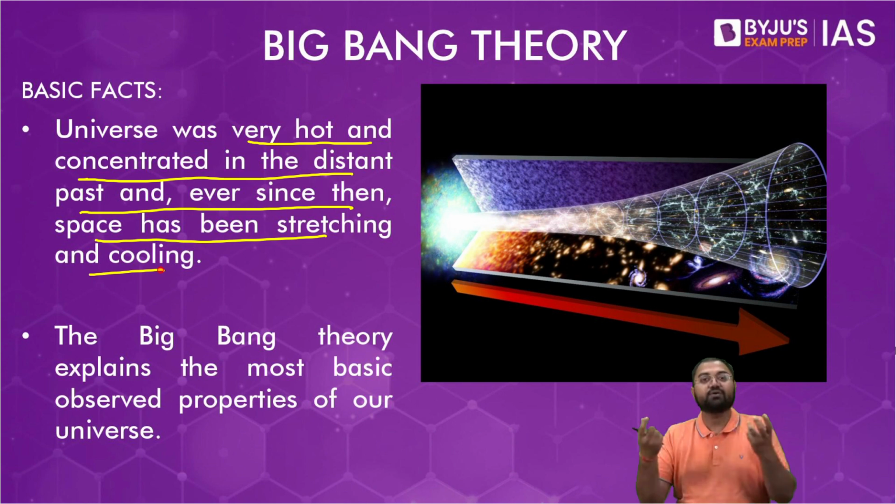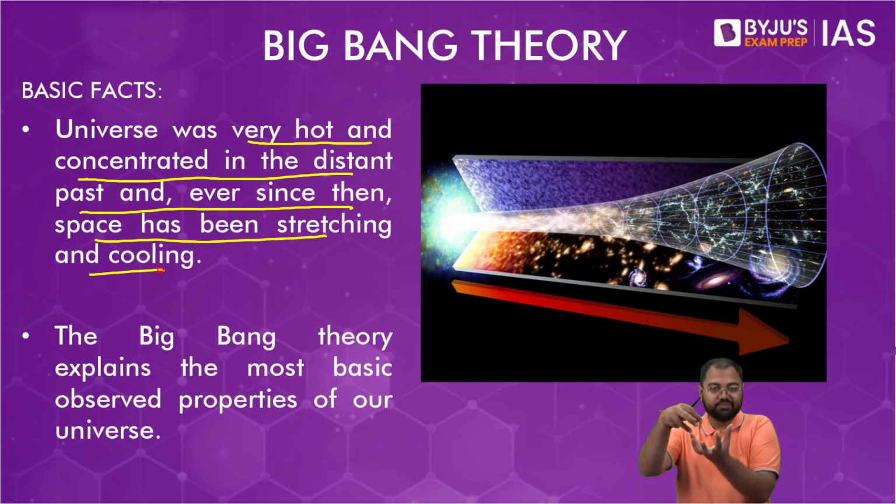And once the expansion started, this is where all the matter, all the forces, all the energy, they started to have their independent existence. Before this, we say that in a manner, this entire universe was like a soup, just like if you have a veg soup, then you have all the different types of vegetables mixed there in that soup.